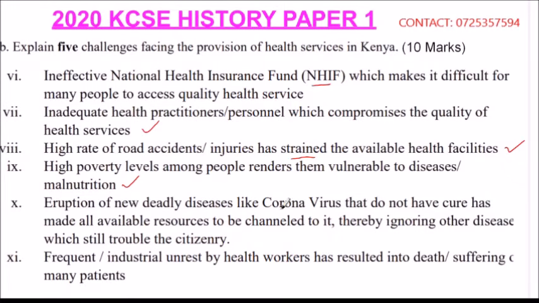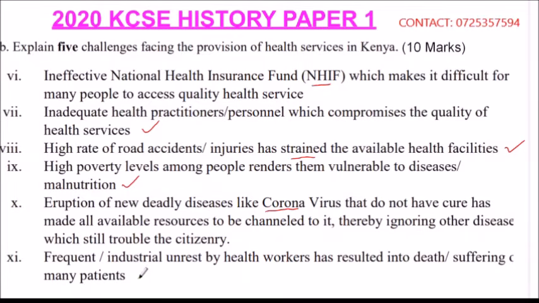So such diseases like corona, for which by now we have a vaccine, but still we don't have a cure, strained the country's resources because a higher percentage of the health resources were directed towards that particular disease.